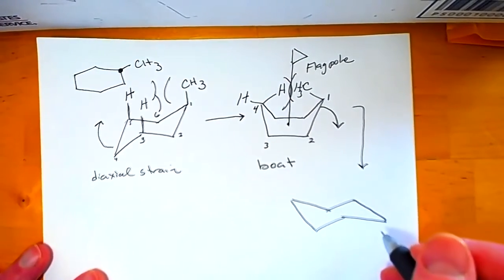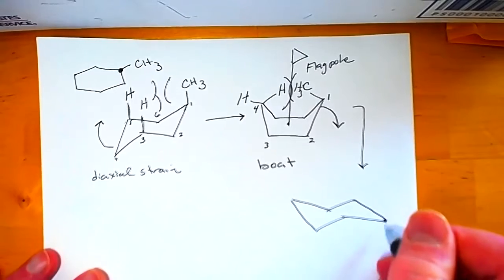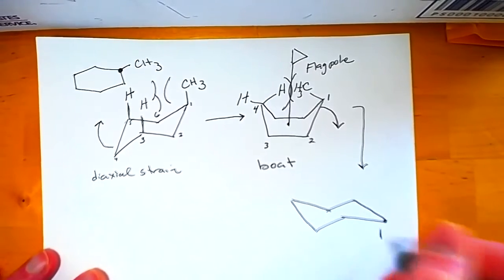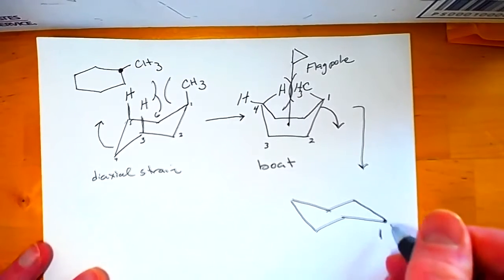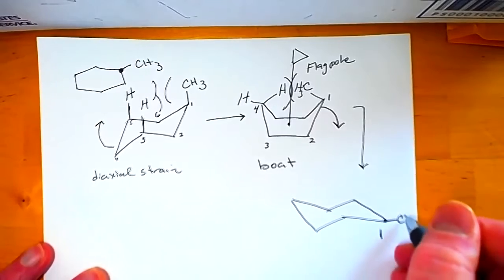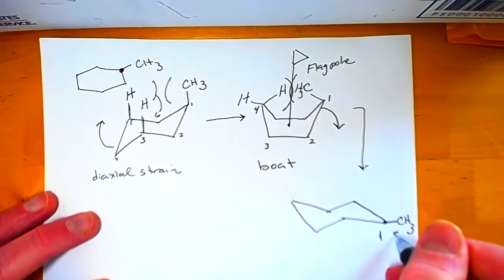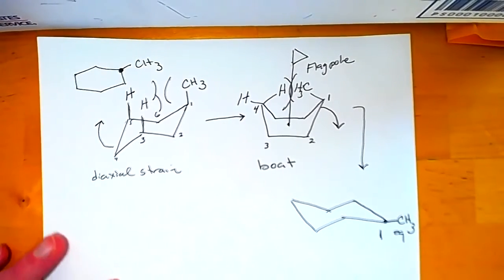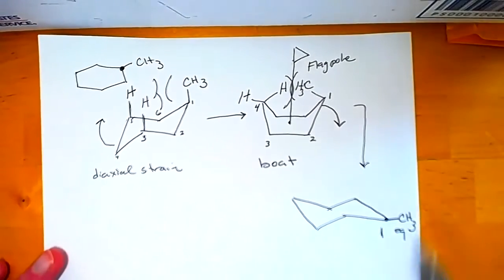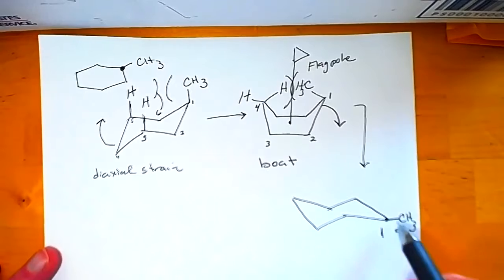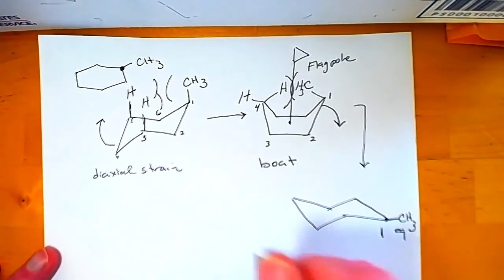Well, now what's happened is, again, this is now position number 1, and the way that methyl group is going to be drawn is out like this. And here it's clearly equatorial. And so now this group has less sterics because of it.